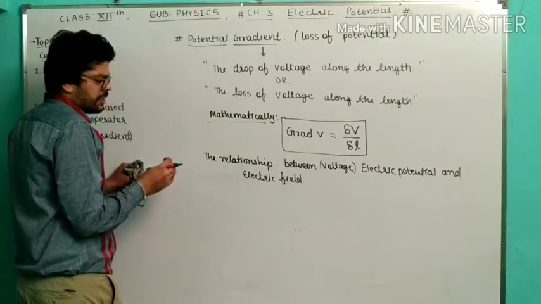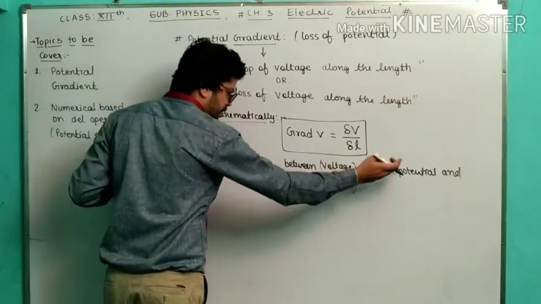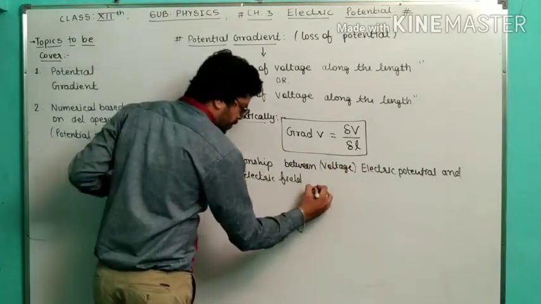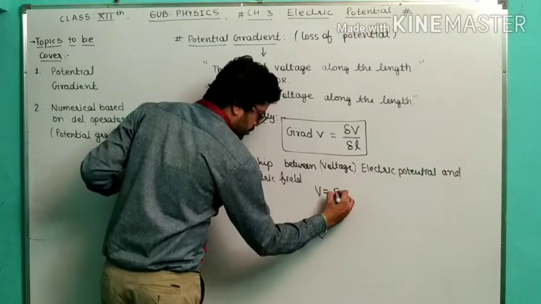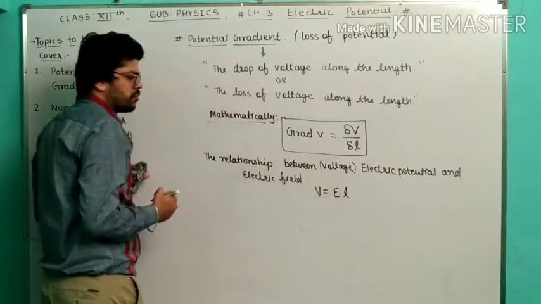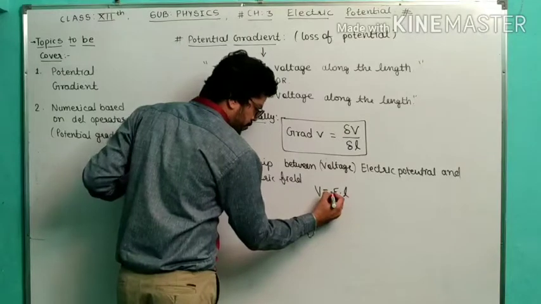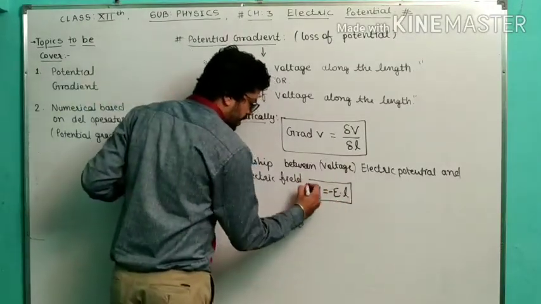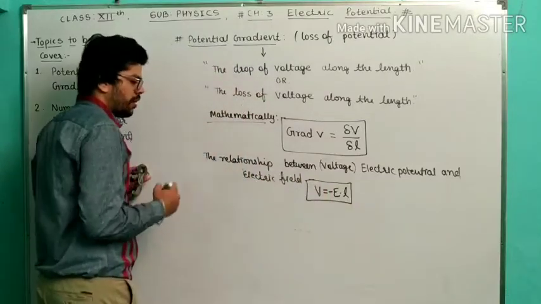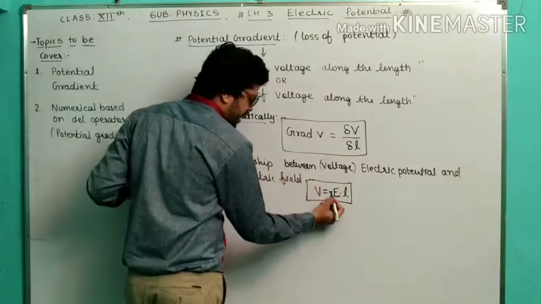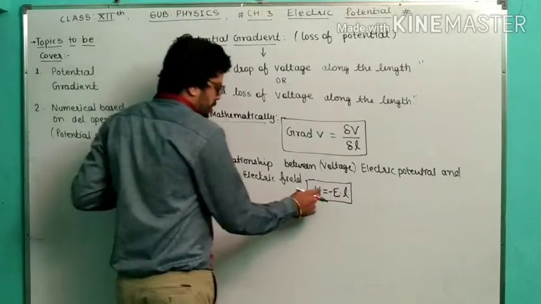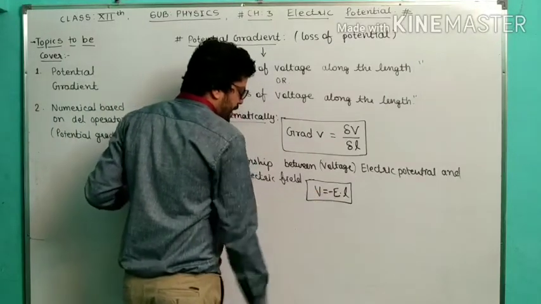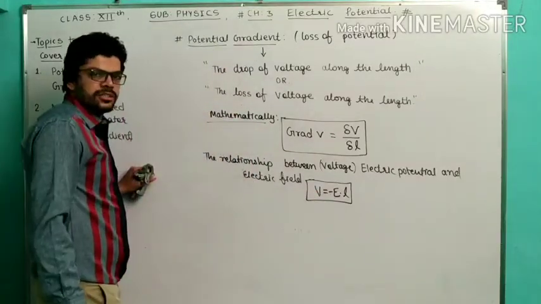So what is the relation between the electric potential and electric field? You know very well V is equal to E dot L. But in terms of direction, we write V is equal to minus E dot L. So you can say that the negative sign is indicating here that electric potential and electric field are in opposite directions.